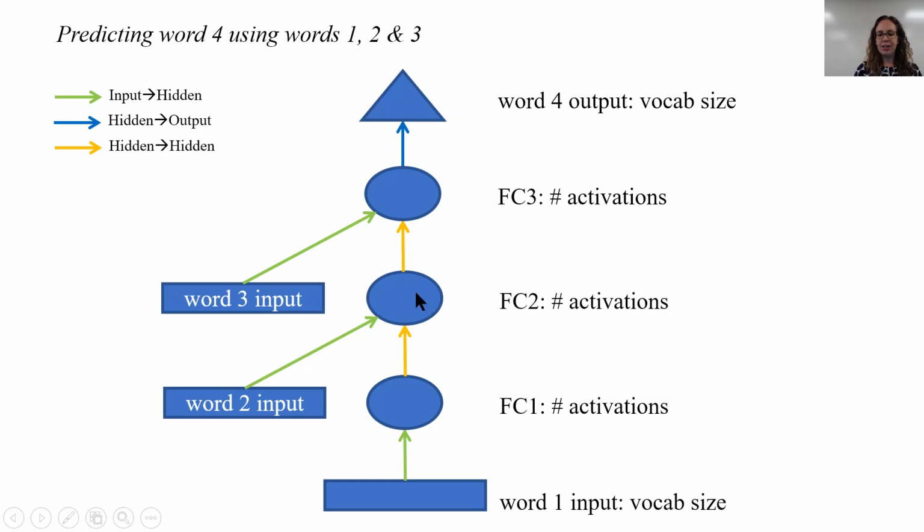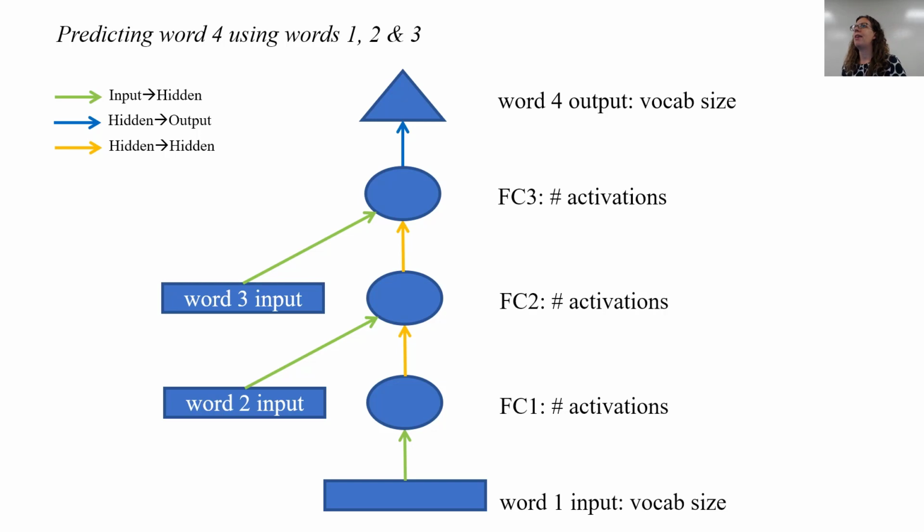Our set of activations will be multiplied by an orange matrix. Okay, sorry about that. So combining word 3 through the green matrix, these activations from the combination of word 1 and word 2 by the orange matrix, put those together to get some activations, and then we can predict the fourth word.